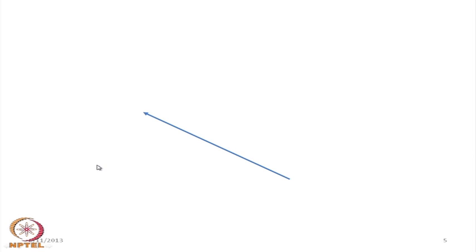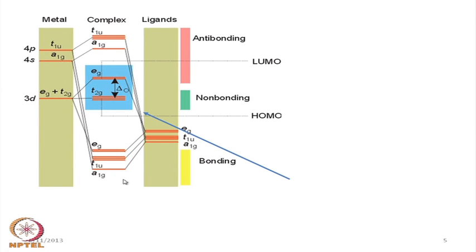So, now we have all these bonding orbitals in our hand. So we can construct the corresponding molecular orbital picture, like what we can draw for simple oxygen, nitrogen, carbon monoxide or CN minus.